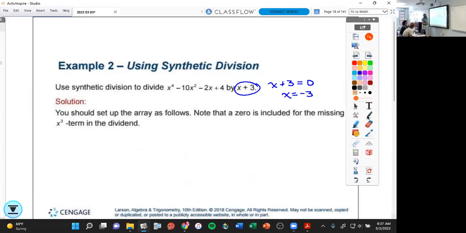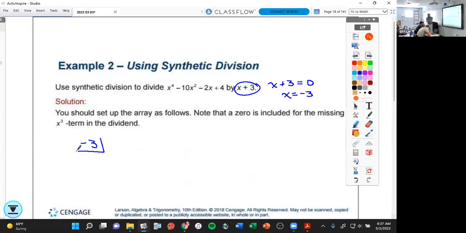I'm going to put that negative 3 in a box. I'm now going to look at what I am dividing. I'm dividing x to the 4th minus 10x squared minus 2x plus 4.